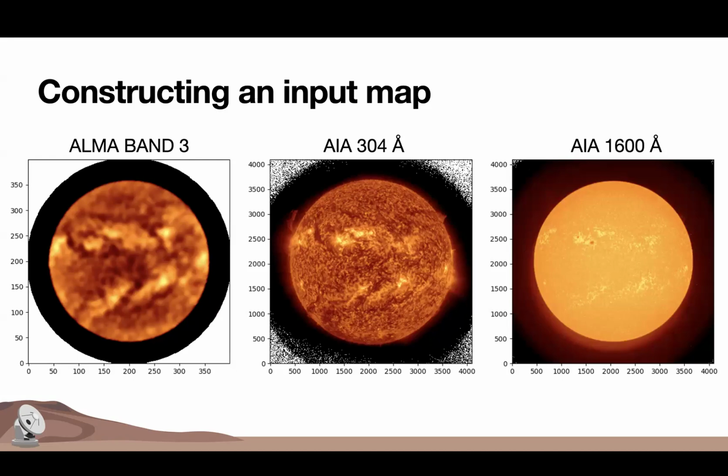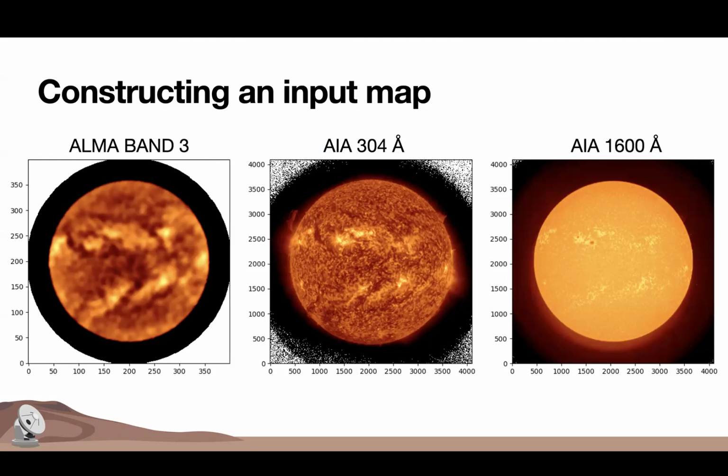To do this, we took actual full disk millimeter maps from ALMA, here showing one such observation in band 3, and then compared it to what the sun looks like in the ultraviolet, here from the 304 and 1600 angstrom channels from the AIA instrument at the Solar Dynamics Observatory. And then we can see there are similarities in some of the structures observed.